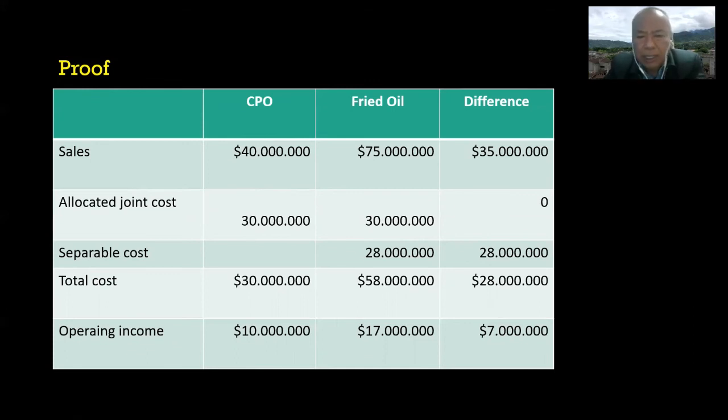We can just analyze using the difference. This is our additional revenue, and then this is our additional costs. See? The difference between the additional revenue and the additional costs is the additional income. So more simple, right?